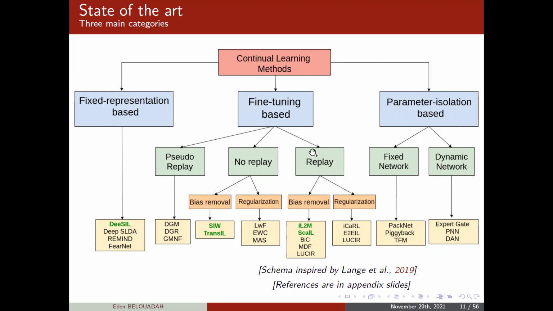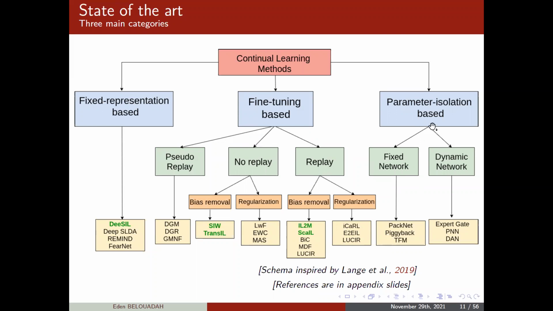The first one are methods that use a memory of the past to refresh the model. The second type are methods that do not use memory of the past. And the third subcategory are methods that generate images of the past instead of storing them. Replay and no replay based methods either use bias removal layers or regularization to tackle catastrophic forgetting.